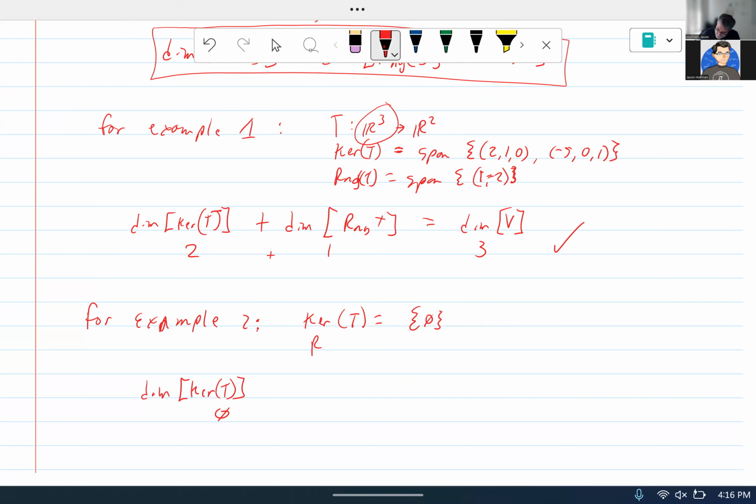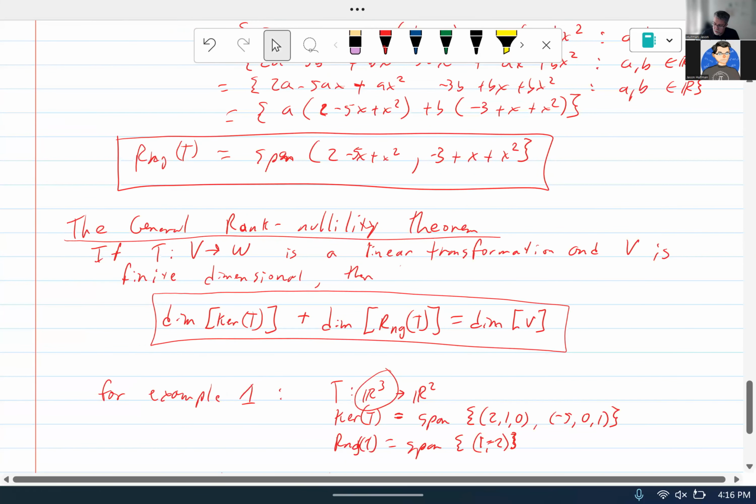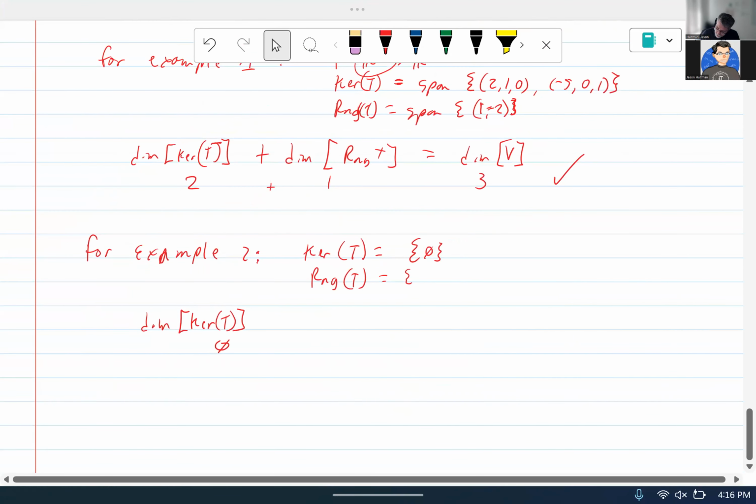And what about the range of T? Well, we go back up here: the span of these two vectors, 2 minus 5x plus x squared and -3 plus x squared. So I have two vectors there.